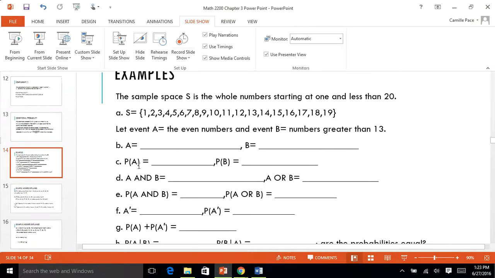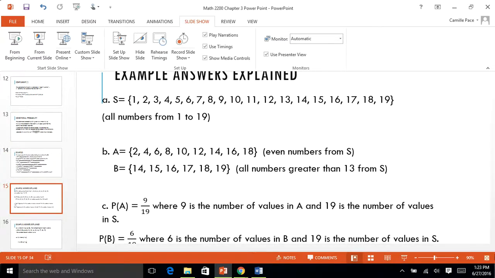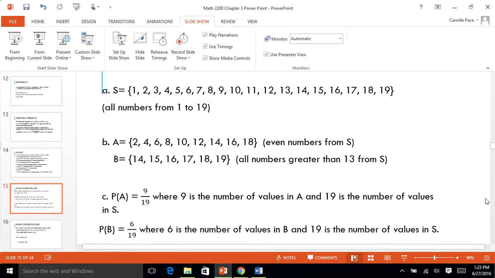But in part C, it wants the probability of A and the probability of B. So this is slightly different. So if you go up and look, the probability of A is 9. How did I get that? I counted 1, 2, 3, 4, 5, 6, 7, 8, 9. So 9 is the number of values in A.